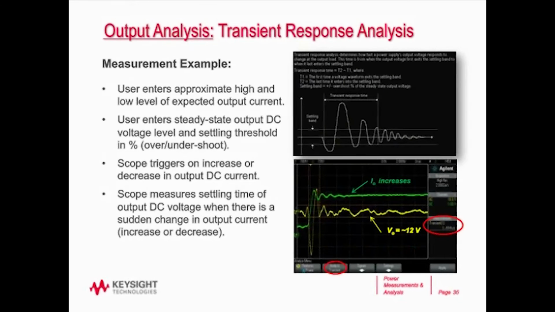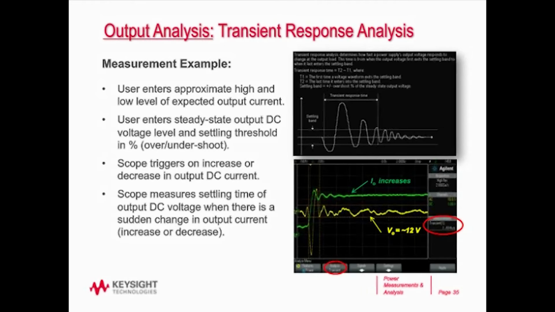Another important measurement is transient response analysis. What I'm showing in the upper screenshot there is one of our help menus. If you press and hold down a key, it's going to pop up a help screen and explain the measurement for you.